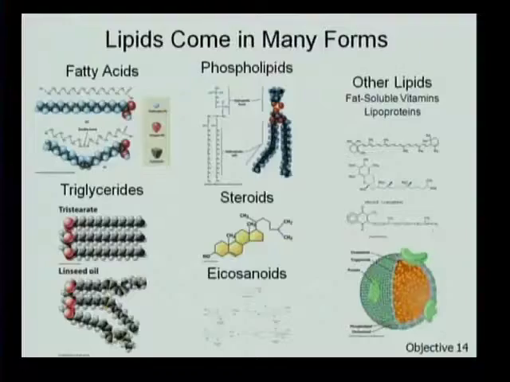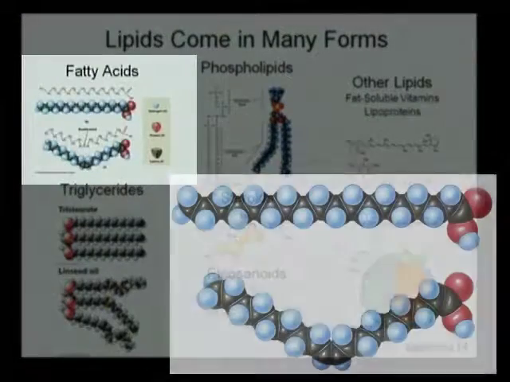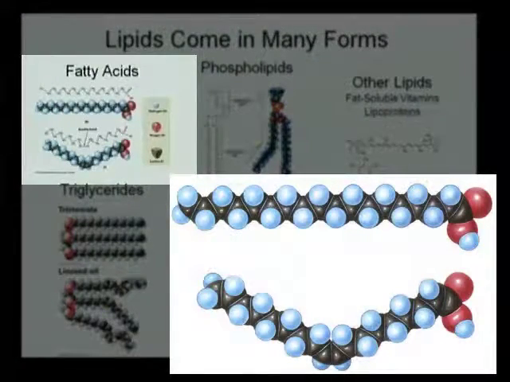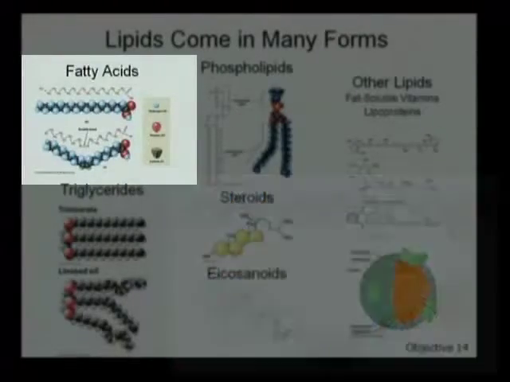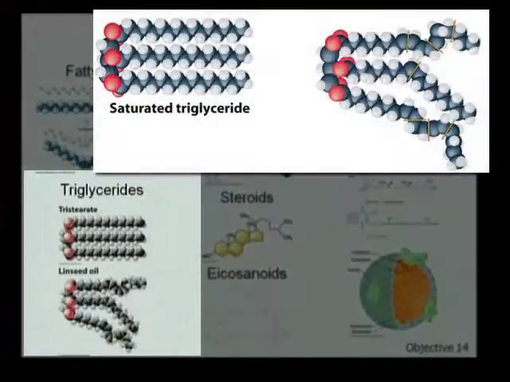So lipids come in many different forms. There's the fatty acids, which we mentioned briefly when we were talking about the dehydration synthesis. When we combine fatty acids with a glycerol backbone, which has 3 carbons, and so it takes 3 of these fatty acids on it, then we can form triglycerides.